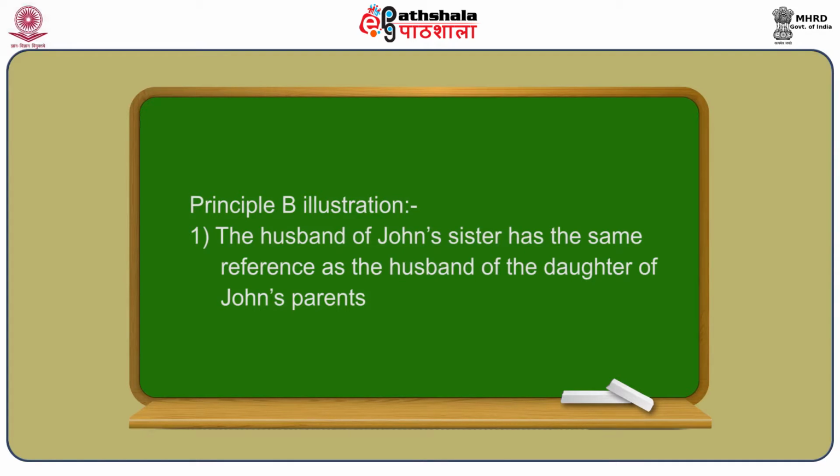Okay. Clearly, the two noun phrases just mentioned have the same reference. To illustrate B, we simply note that the noun phrase, the husband of John's sister, has the same reference as the husband of the daughter of John's parents. Okay? This means that something like B has to be right.